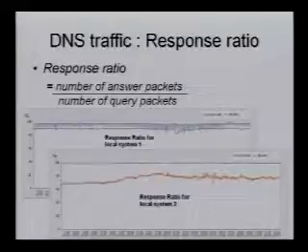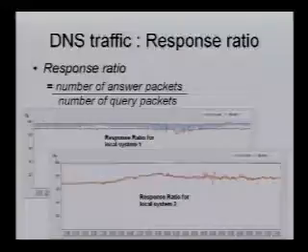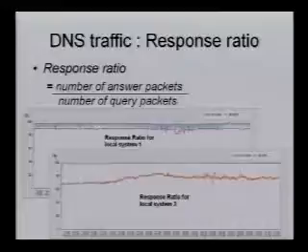The blue curve shows the response ratio of client queries. You can see response ratios vary from local system to local system. In a normal case, the red curve is slightly lower than the blue curve.